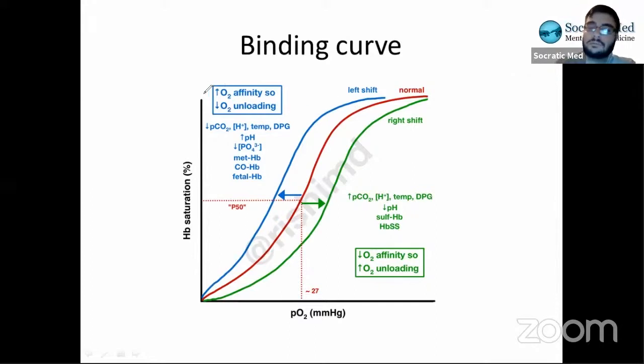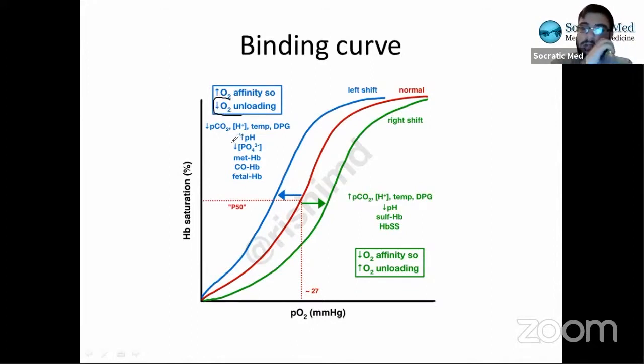So I do want to mention that by increasing the affinity of oxygen to hemoglobin, yes, it becomes easier for the oxygen in your lungs to go into your blood, but it also decreases the oxygen unloading, which is getting the oxygen to your cells, right?